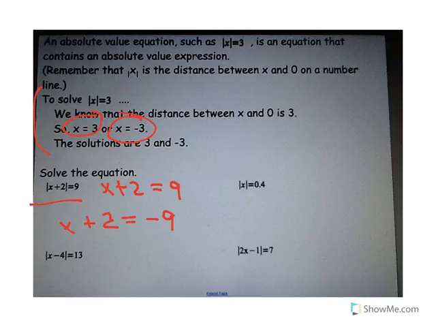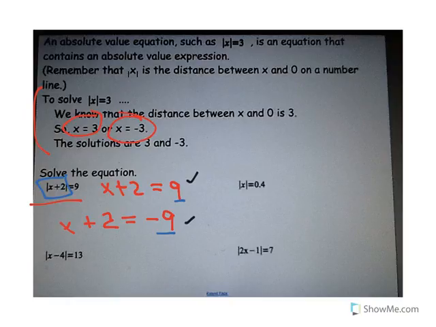Why that is: if x plus 2 is equal to 9, and then I take the absolute value of it, I'm going to end up with 9. If x plus 2 is equal to -9, and then I take the absolute value of that, it's still going to be equal to 9.